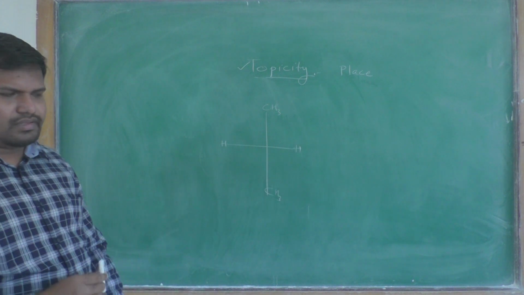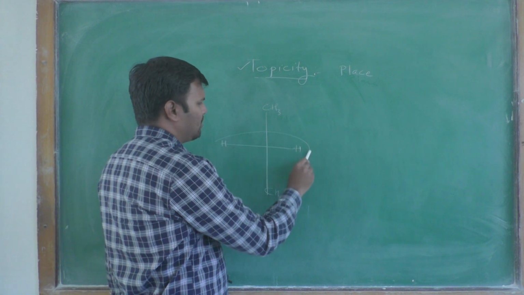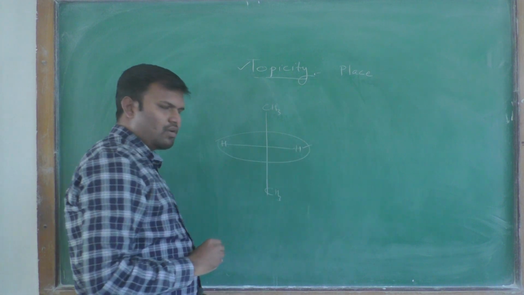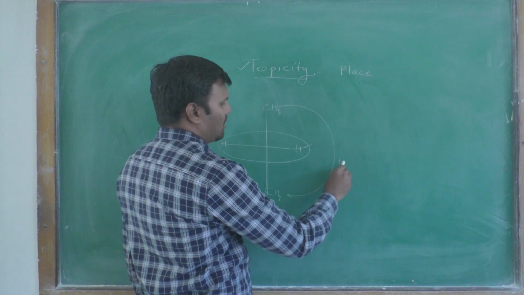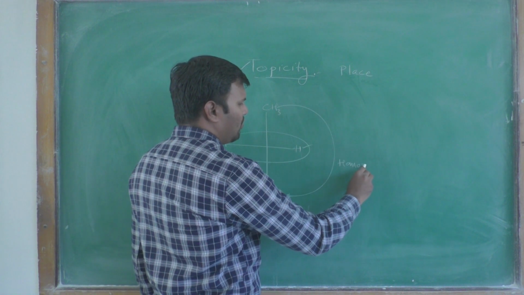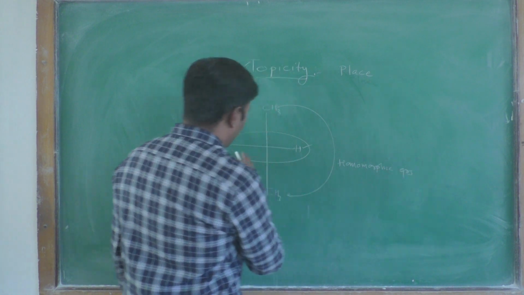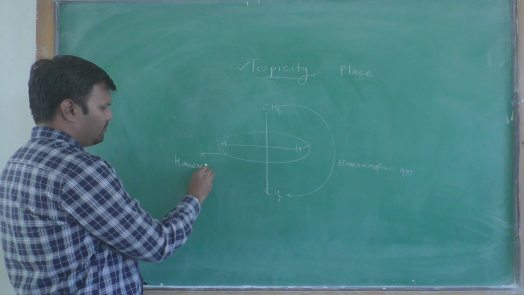In this example, when you consider this group, these two groups are called homomorphic groups. Homomorphic atoms.